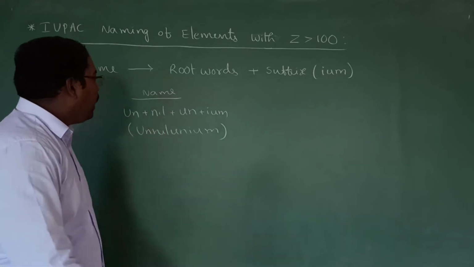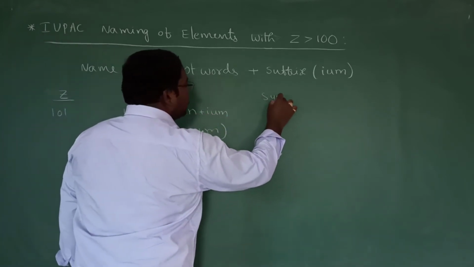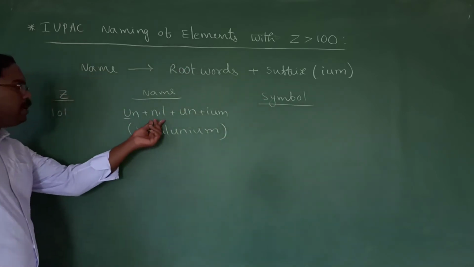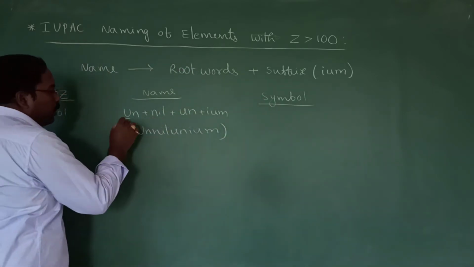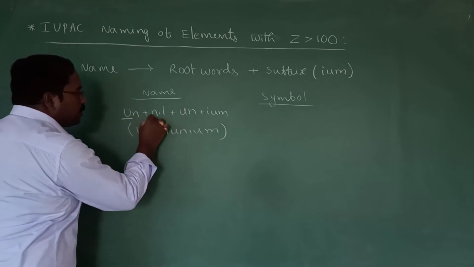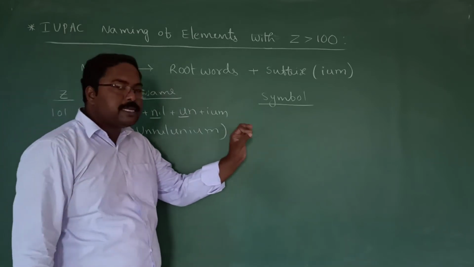Now coming to the symbol allotted for that element, it will also be based on these root words. The starting letters of the 3 root words are used.